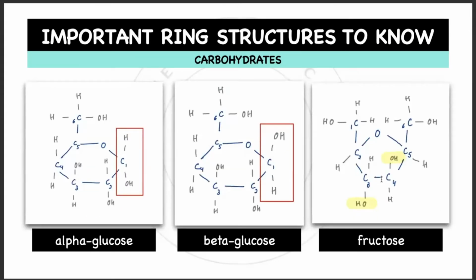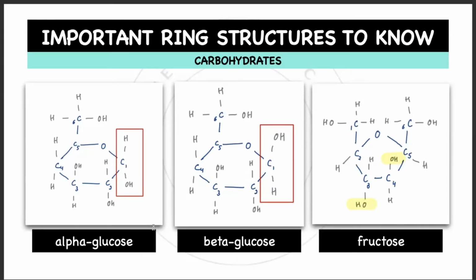These are some important ring structures you should know. It's important to actually practice it. So like in the previous video, I actually put it in a linear chain, but for this you need to actually know how to draw the ring structure. So these are some examples I'll show: alpha glucose, beta glucose, and fructose.